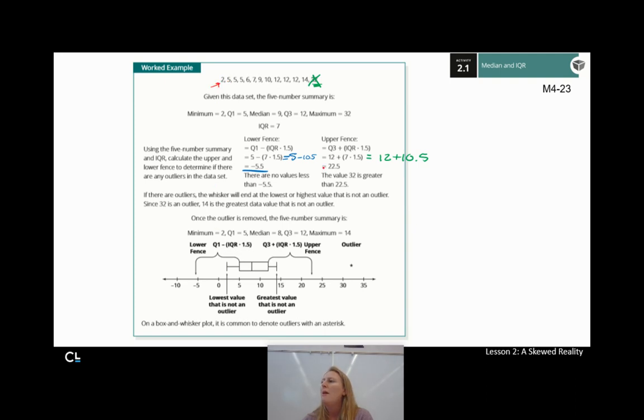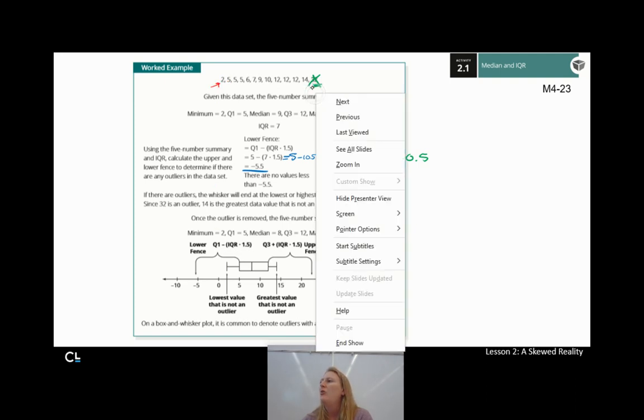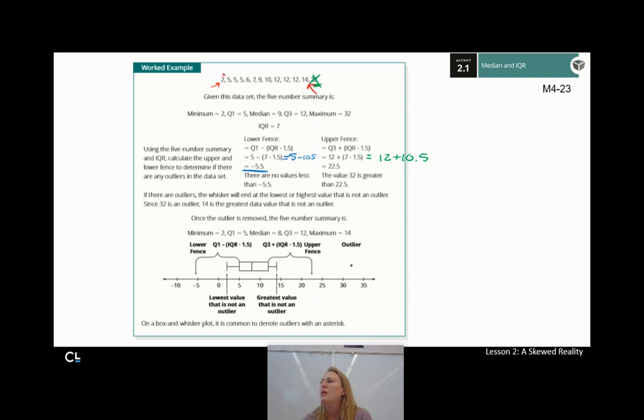But my maximum is now 14. But check it out, my median changed, because the middle of this is now between 7 and 9. You know what's between 7 and 9? 8 is between 7 and 9. So my median changed to 8.